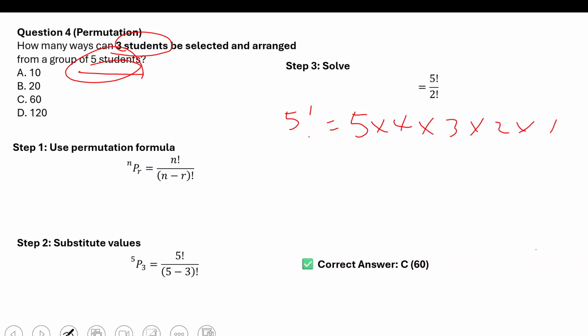Just multiply in descending order till it gets to 1, right? And for 2 factorial, I say 2 times 1, until you get to 1. So the answer is 60. Why? Because 5 factorial is 120 and over 2. 2 factorial is just 2.